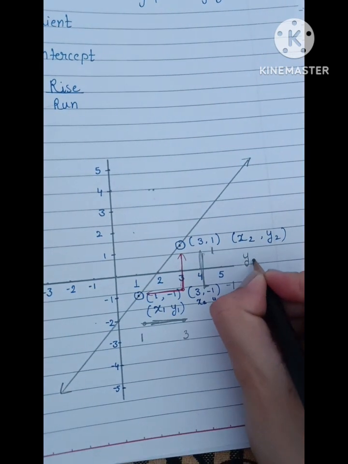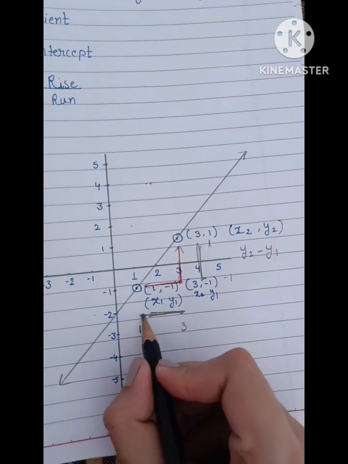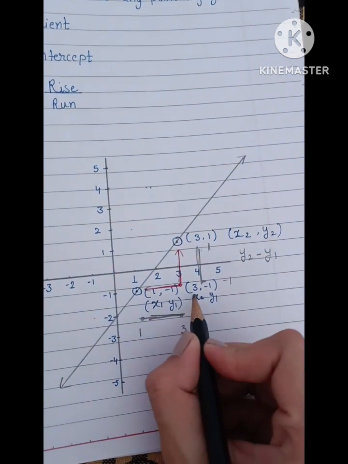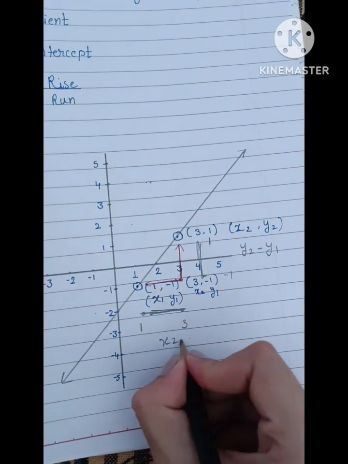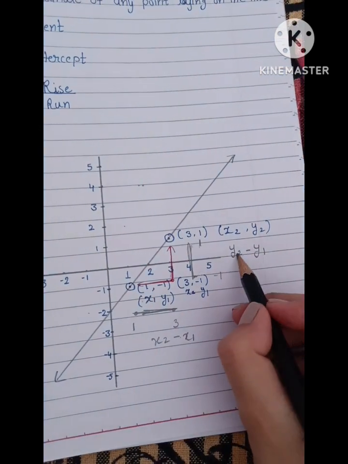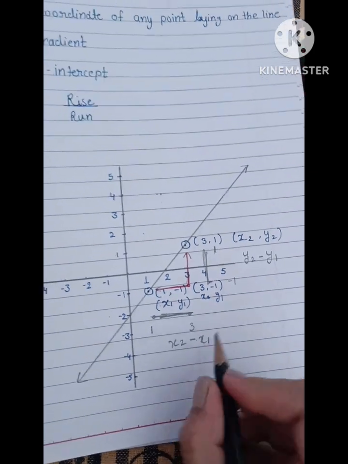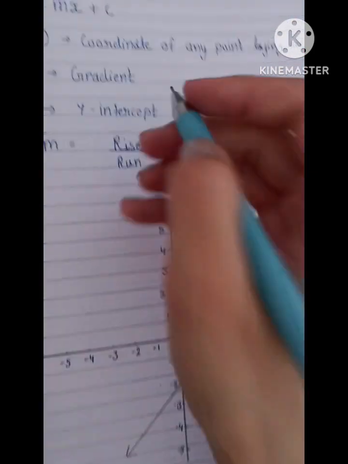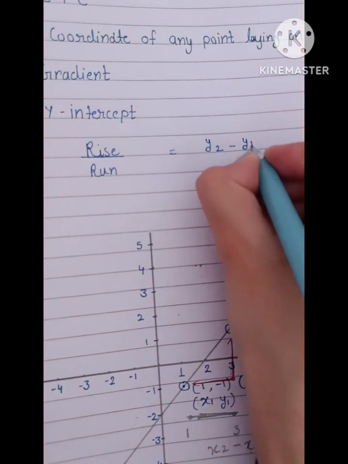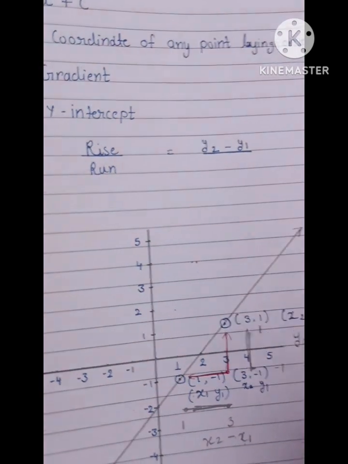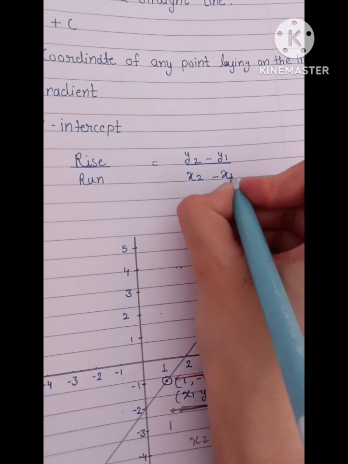So the rise is y2 minus y1, and this can be written as x2 minus x1 for the run. So instead of rise, I can write y2 minus y1, and instead of run, I can write x2 minus x1.